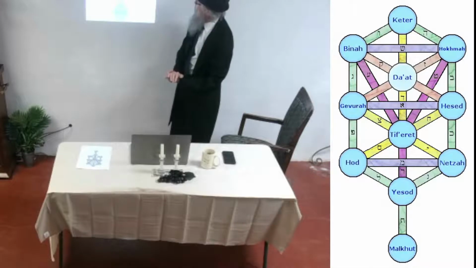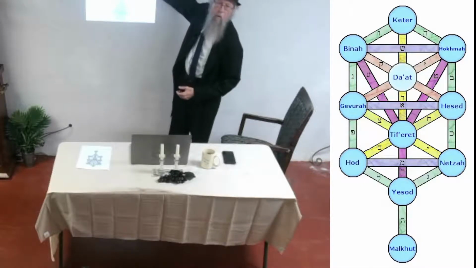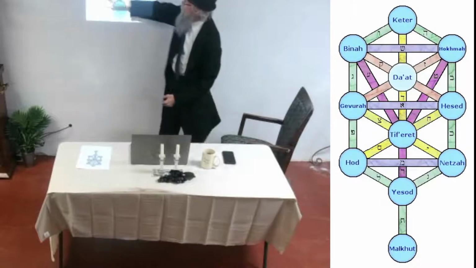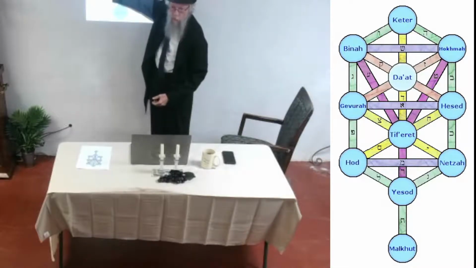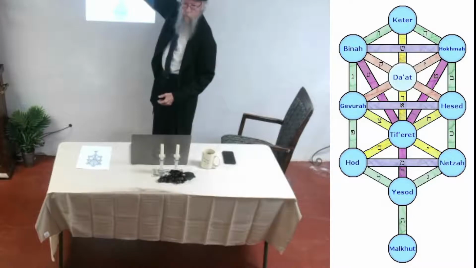So we have here, this is called the pillar of justice or the pillar of judgment. This is called the pillar of mercy. And this is the central pillar. It is called Tiferet.